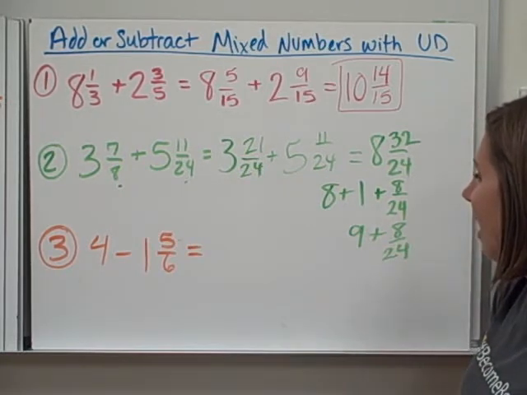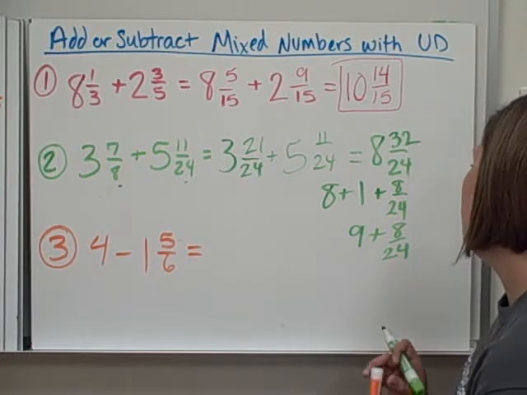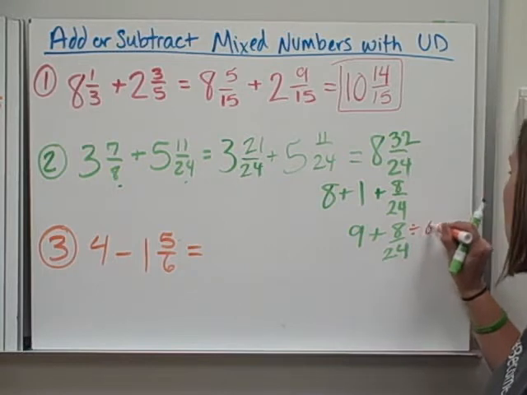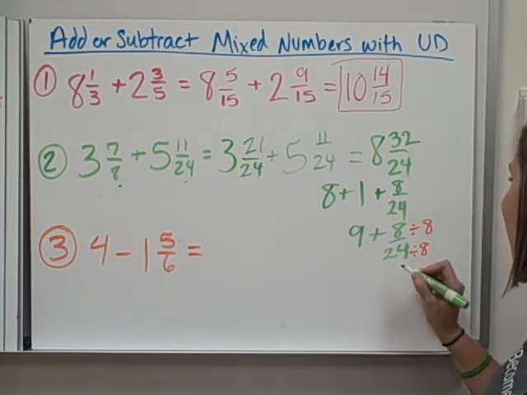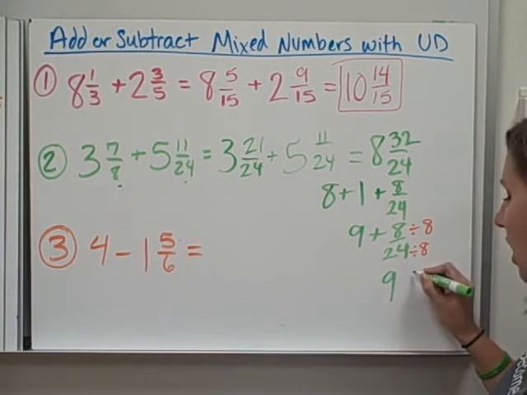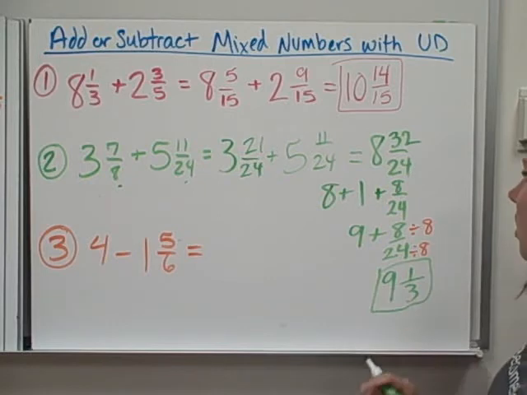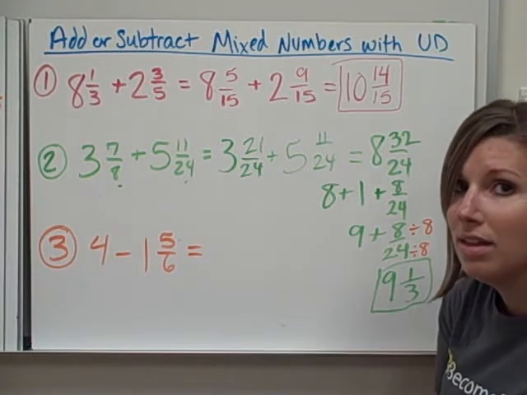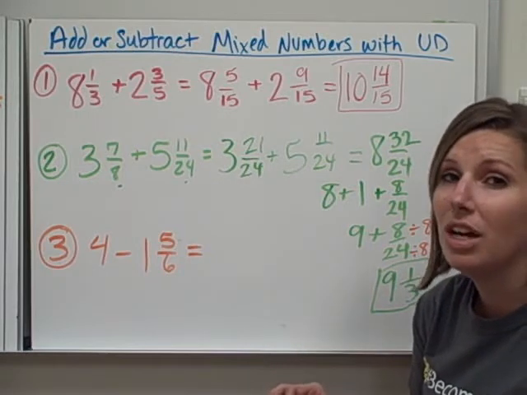But that 8/24ths can be reduced. I have to divide both of those by 8. So my final answer will be 9 1/3. So that took a lot of math, but taking it step by step, it's not too bad.